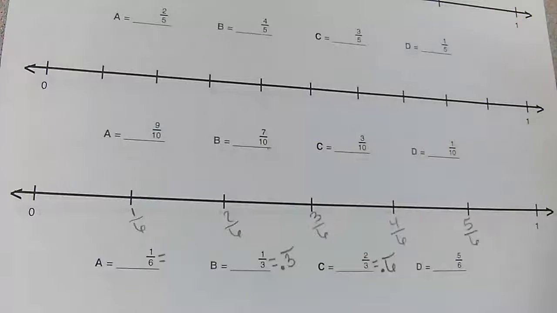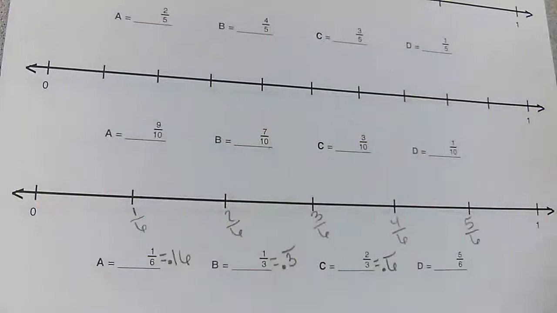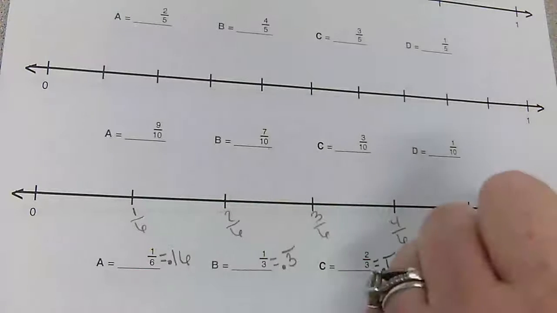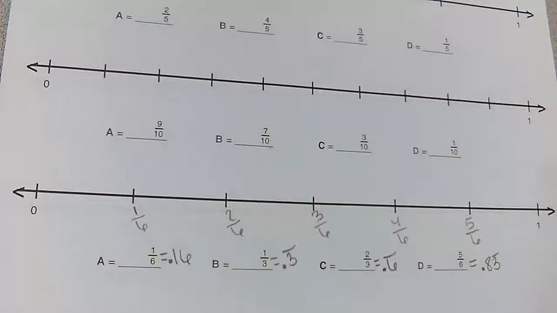You're just dividing your numerator by your denominator. 1 divided by 6 would be 0.16. And then 5/6 would be 0.83 repeating. Okay, so that will help you plot your points a little bit better.